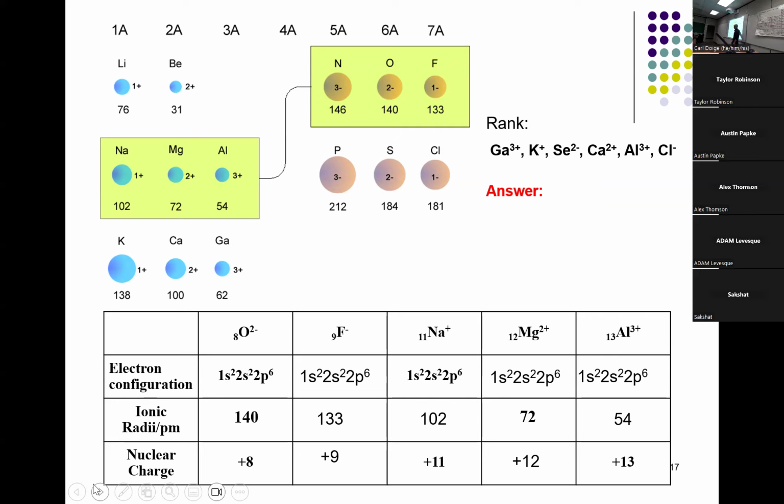Of course, you won't have that in the test. And I'm asking us to rank these guys. So this is the key question number 9 at the top of page 139. Rank the following ions in decreasing ionic size. So decreasing ionic size. So you want to start with the largest and go to the smallest.